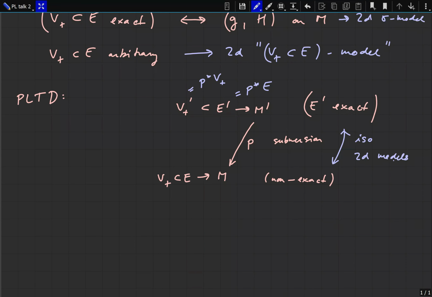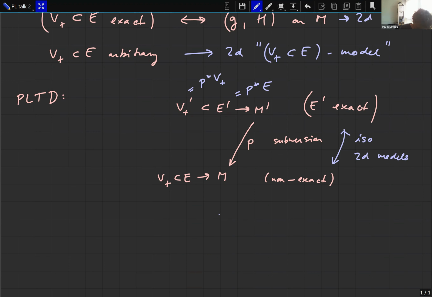Pavol? Yeah. Can you spell out more precisely the conditions on these two Courant algebroids? Okay. Mm-hmm. So, yeah, let me try. For the bracket it's easy.